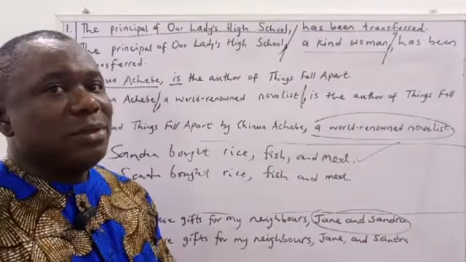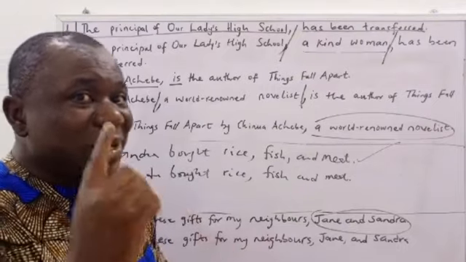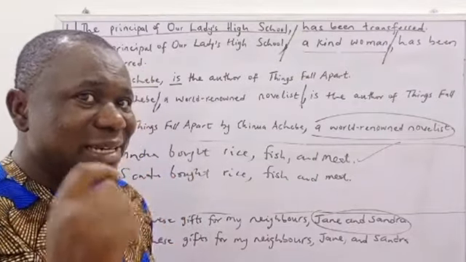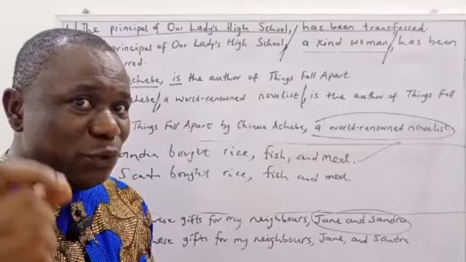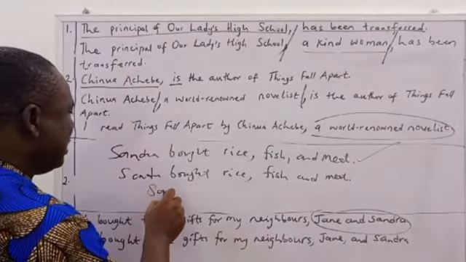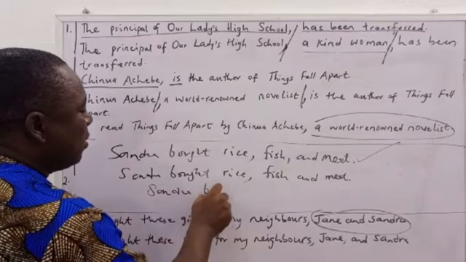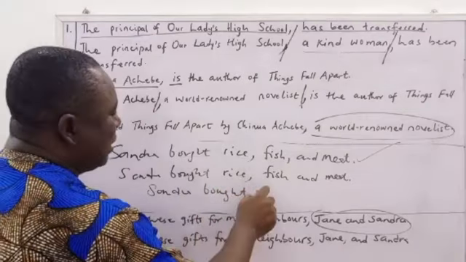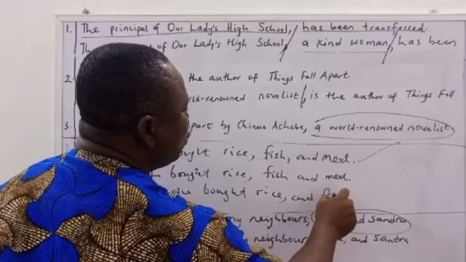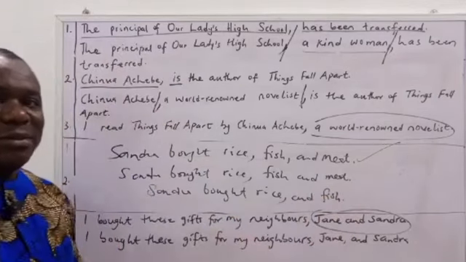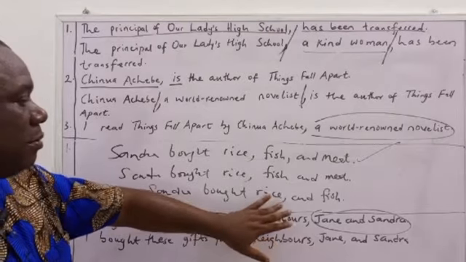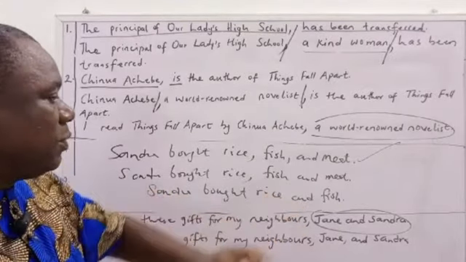Now, take note that the comma is used to separate items, lists that are 3 and above, not 2. So it is incorrect to say, Sandra bought rice, and fish. No, this is incorrect to put a comma here.